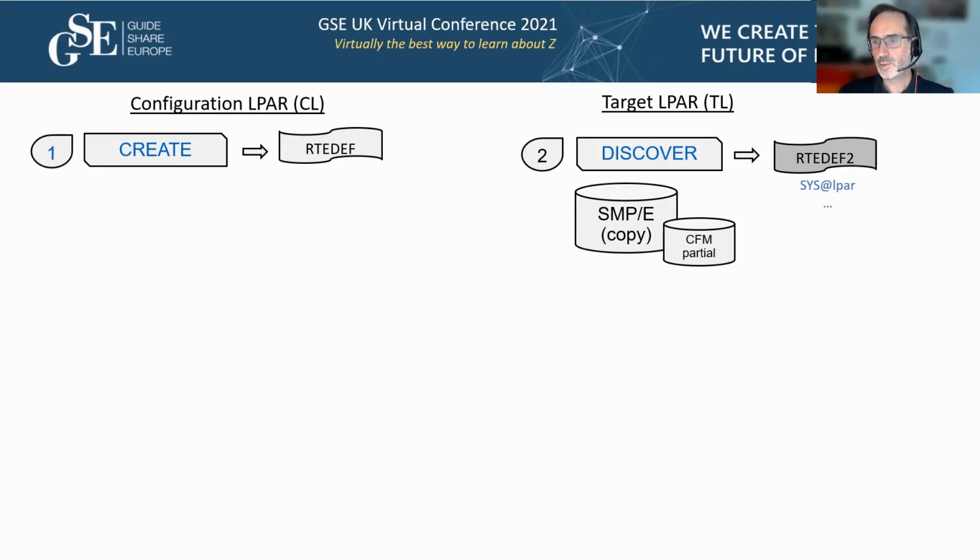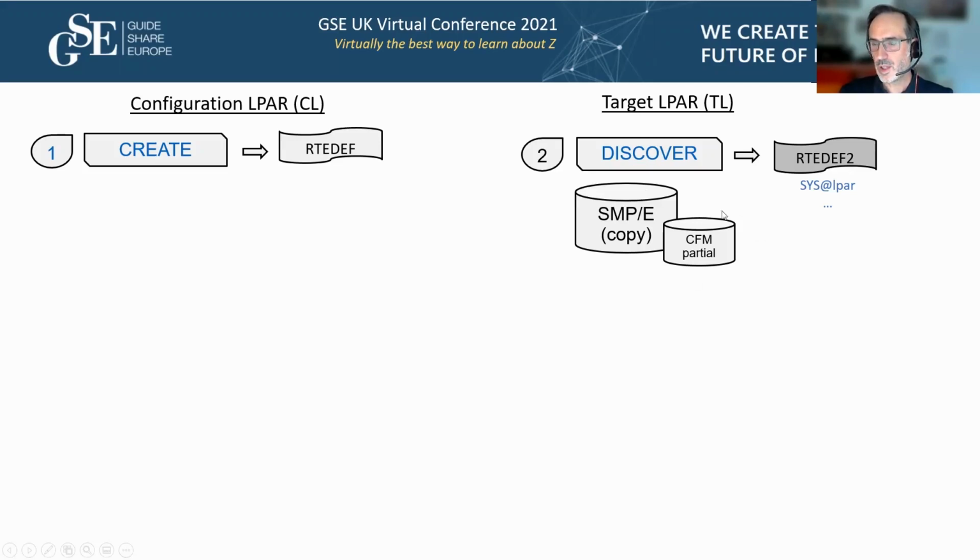We actually also provided you with a little utility that will produce what I call here config manager partial, which will give you just a small subset of the SMPE data sets that you need to run the discover and, as a matter of fact, also the deploy action on your remote system. The background here is that if you have full runtime environments as your RTE types, you obviously do not have an SMPE copy on your target system.